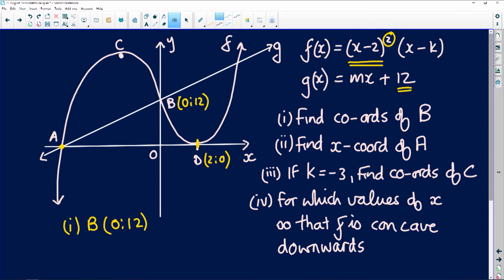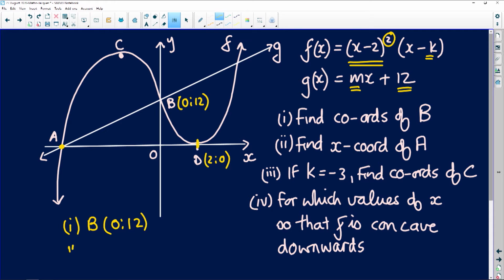That graph could be either the cubic, which is f of x, or it could be g of x. We need an m here, and we need a k over there. So let's have a look. If we want to find the m, the x is 0, and then we just get 12 equals 12, so it's not really going to help us. Let us go to the cubic.